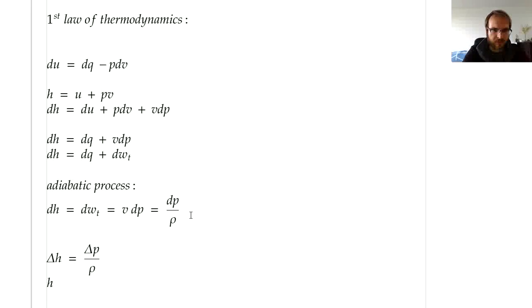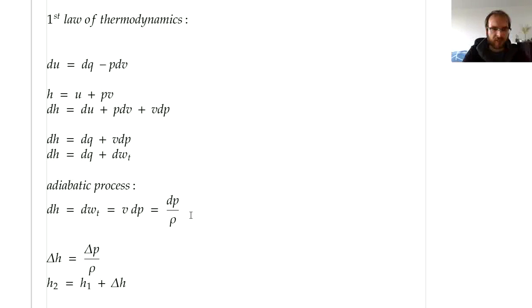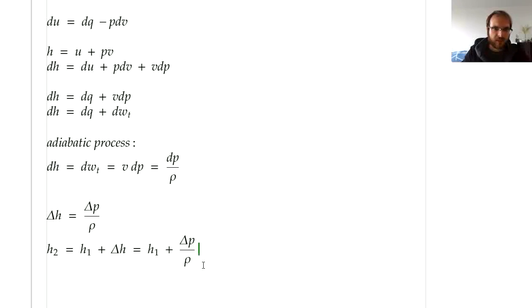And enthalpy at point 2 after the pump will be enthalpy at point 1 plus the change in enthalpy, which is change in the pressure divided by the density.